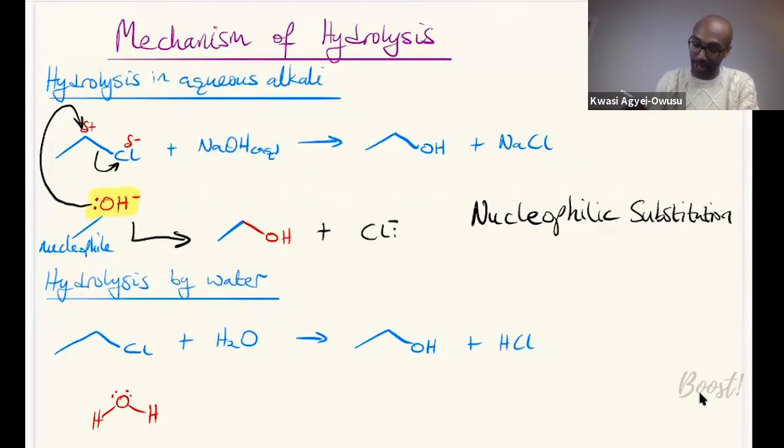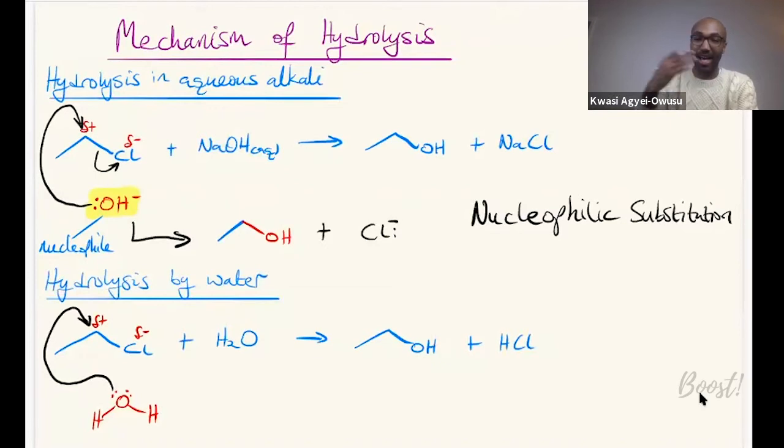Okay, and so just as we saw before, you've got a delta plus on that carbon shown there, and a delta minus on that chlorine, and the curly arrow is going to start from the lone pair. Remember, curly arrows have to start from a pair of electrons, so the lone pair on the oxygen of water is going to end up at that carbon with a delta plus.